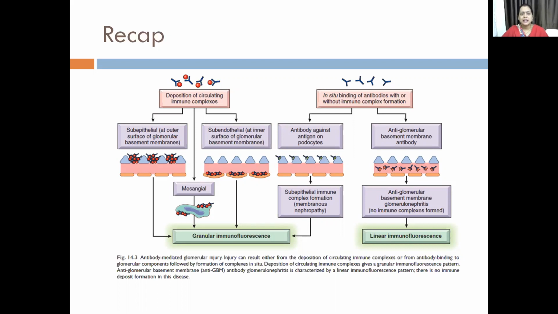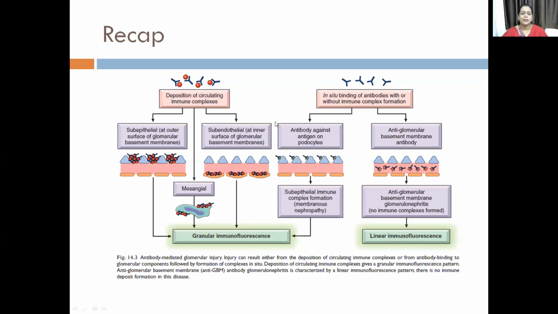For the endogenous antigen, we know that the best examples are lupus nephritis and IgA nephropathy, right? The exogenous antigens can be from a number of viruses or bacteria or their products.